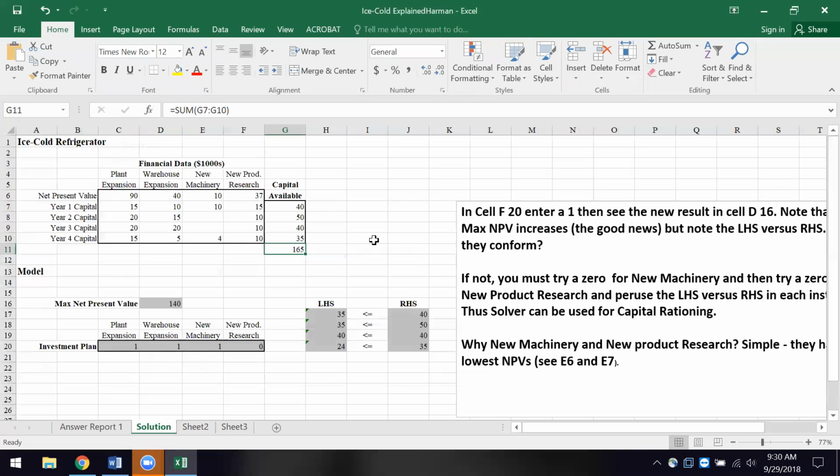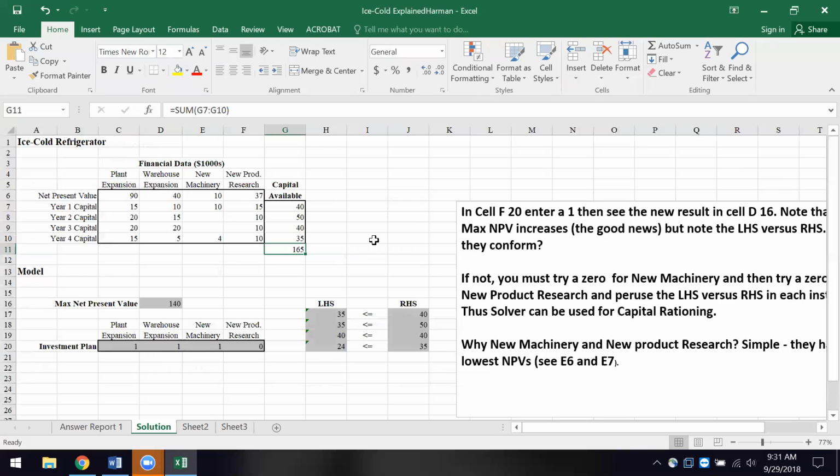And I've got to figure out how I allocate it. Now you say, could I run a minimization problem here? Yes, you could.